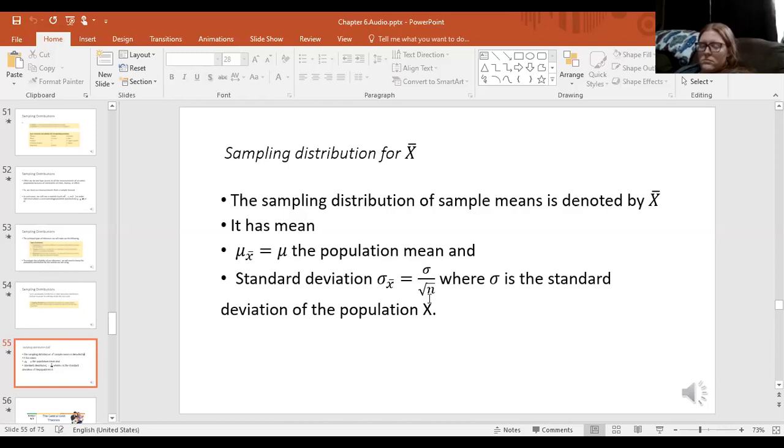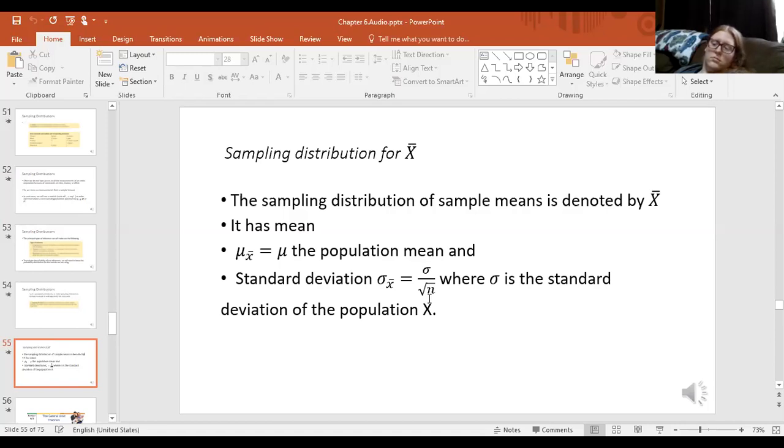Remember, I told you that for each normal distribution, you want to know what is the mean and what is the standard deviation. For the standard normal distribution, the mean is 0 and the standard deviation is 1. For a regular normal distribution, they will give you the mean and the standard deviation. If you take a bunch of observations from a normal distribution with mean mu and standard deviation sigma, the mean of the sample mean will be mu, and the standard deviation will be sigma over square root of n.